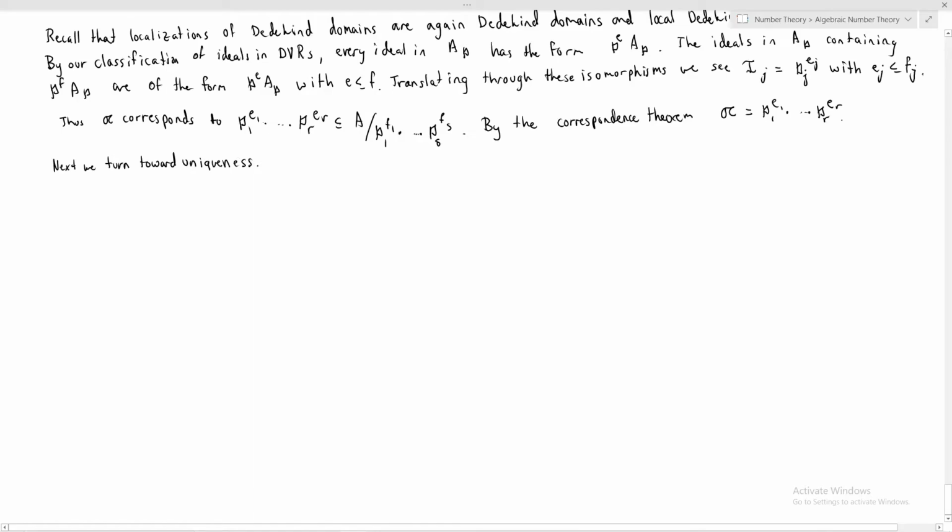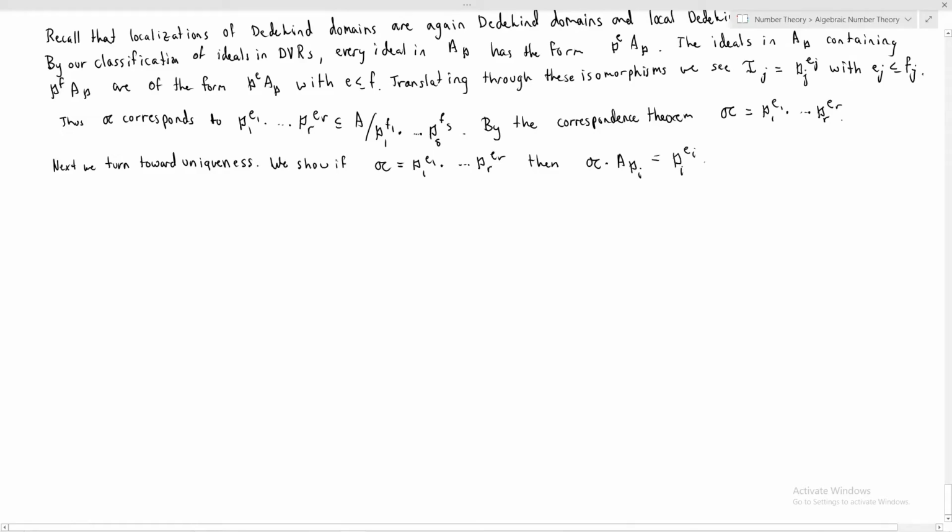We're basically going to prove that these E's are completely determined by A. So we show if A equals P1 to the E1 through PR to the ER, then if I look at the ideal generated by A in the ith localization, this is going to be Pi to the EI A sub P.